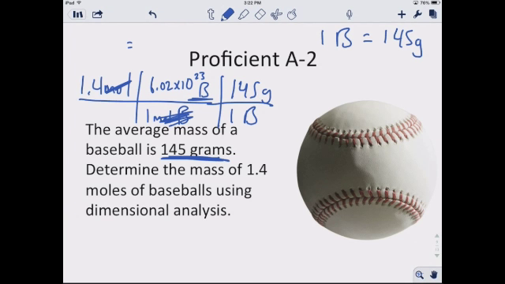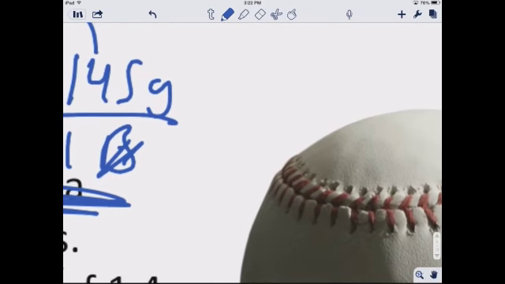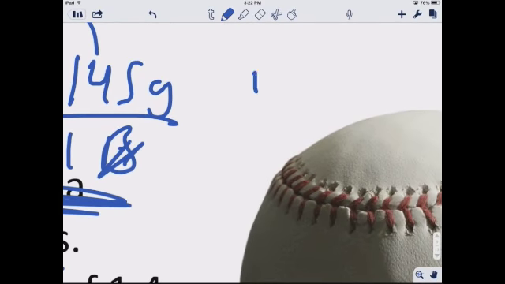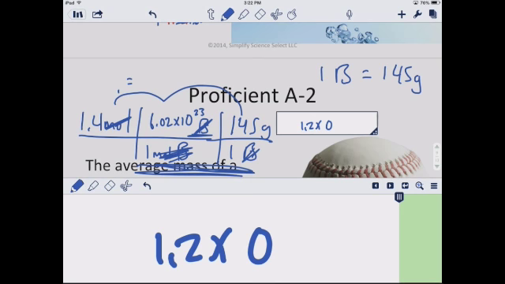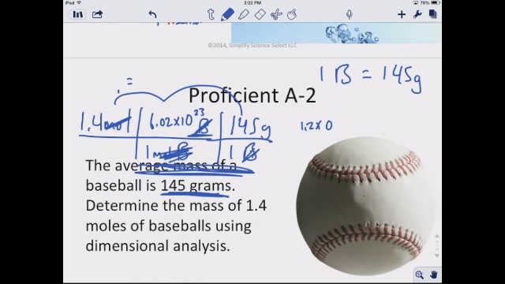And so then all we have to do is, since all the units canceled out, we just multiply the top. So multiply these guys, and then divide by what's on the bottom. So 1.4 times 6.02 times 10 to the 23rd times 145 is going to give us a number of 1.2 times 10 to the 26 grams, all divided by 1 and 1.